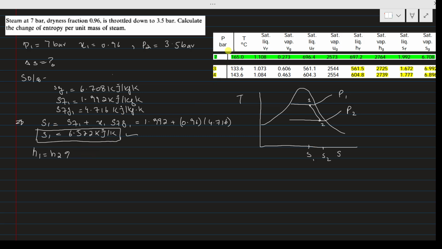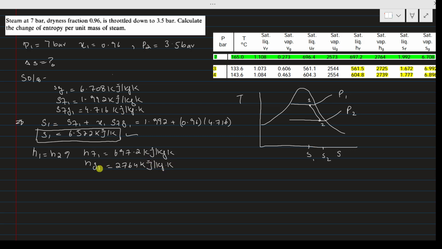From the saturated steam table at 7 bar, the Hf1 value is 697.2 kilojoule per kg, and the Hg1 value is 2764 kilojoule per kg.